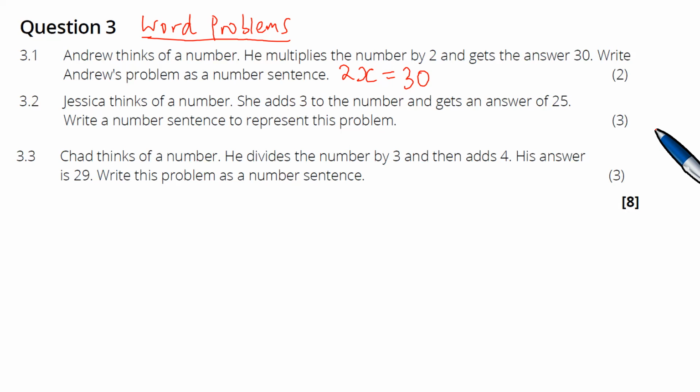He divides the number by 3 and adds 4. His answer is 29. Write his problem as a number sentence. Okay, good. Let me give you 3 minutes. You try, you think about it, and when you've thought about it, you let me know, and then I will ask you so that I can see what you think about it.